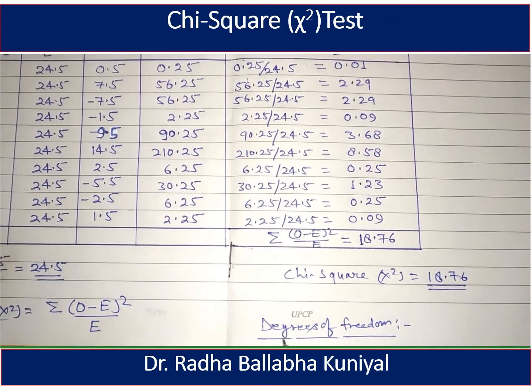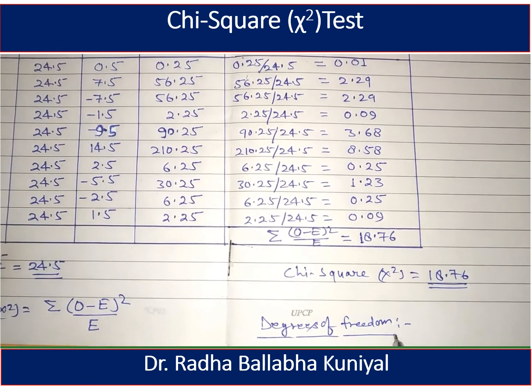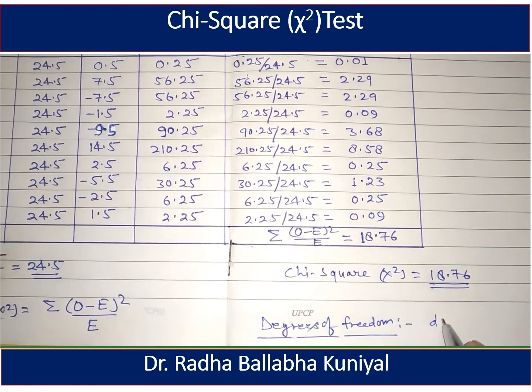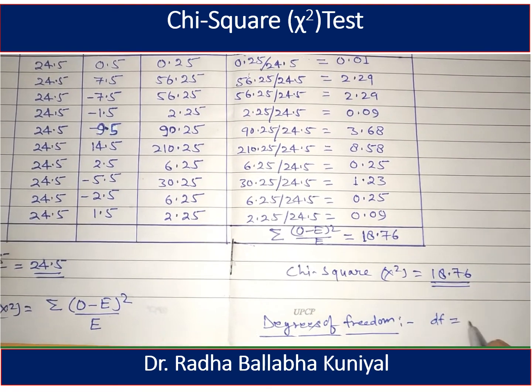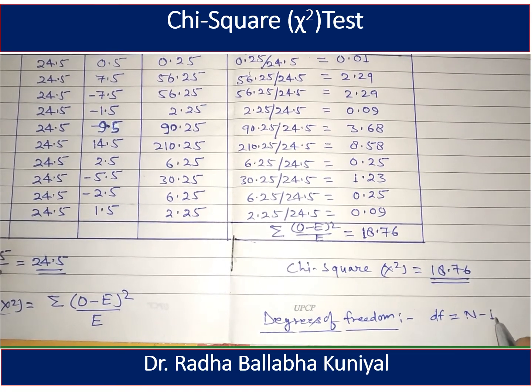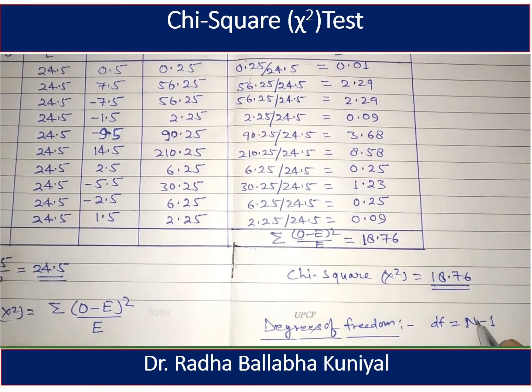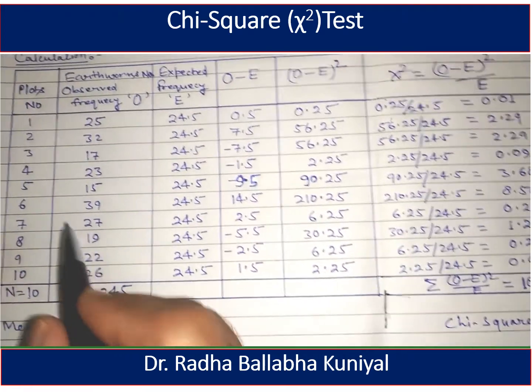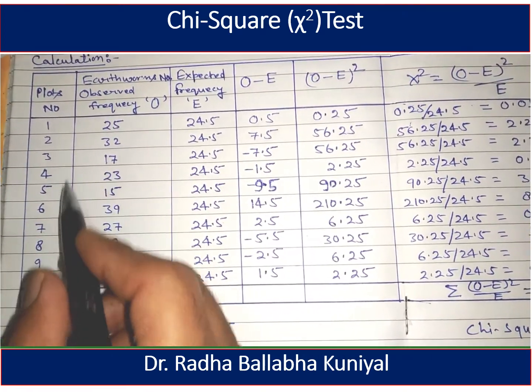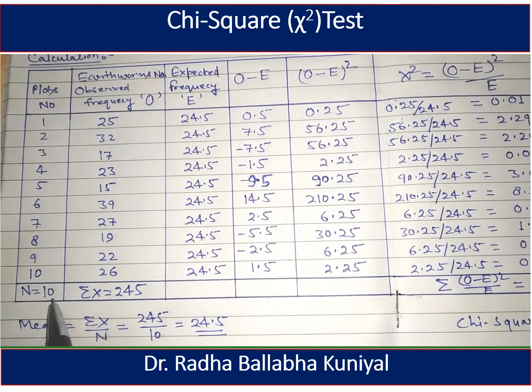Now we will determine the degrees of freedom for this question by applying the formula, degrees of freedom DF equals n minus 1, where n equals the number of observations, and in this question the number of observations is 10, so n equals 10.